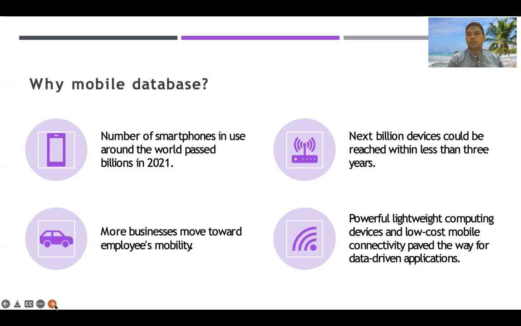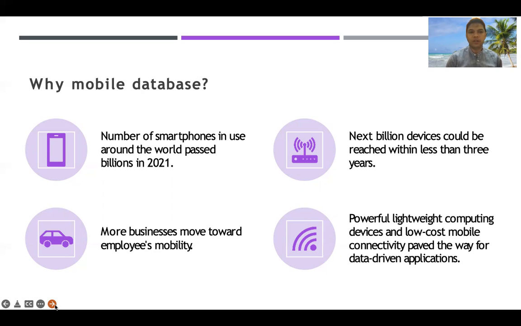Compared to previously, maybe mobile devices were only for communication purposes, but right now a mobile device is not only for communication, we can use it as a tool to do anything.